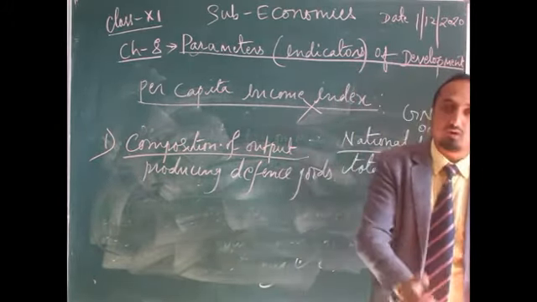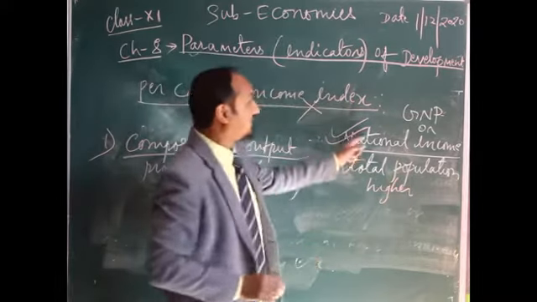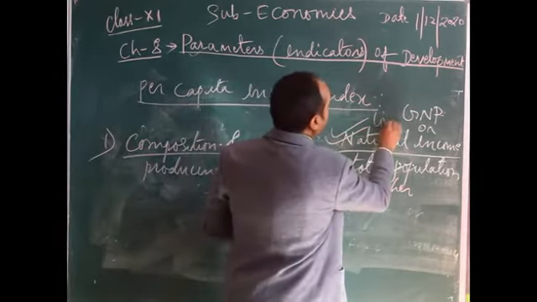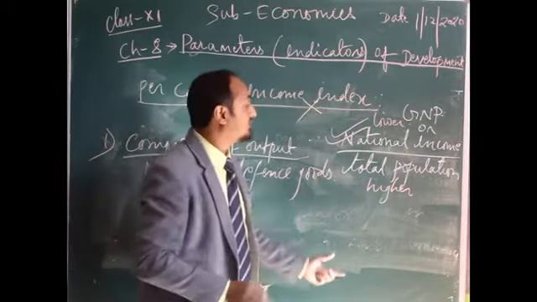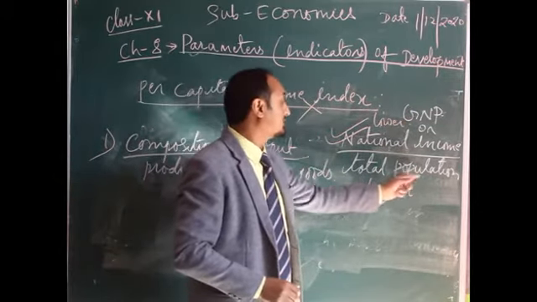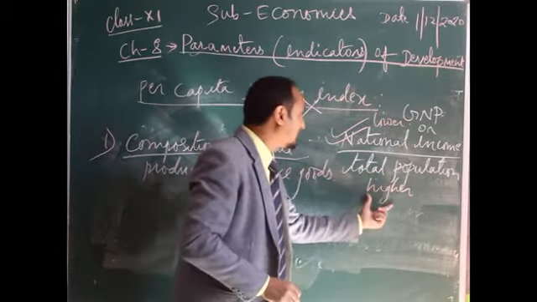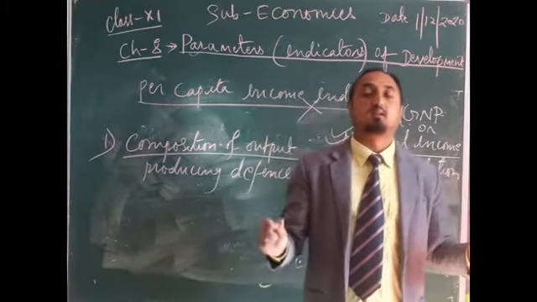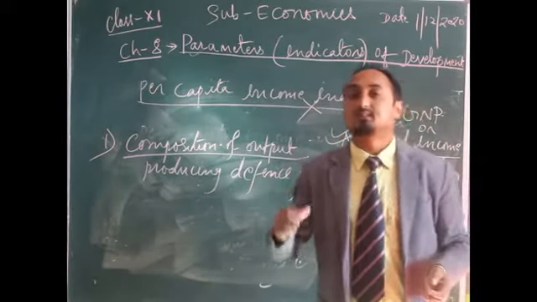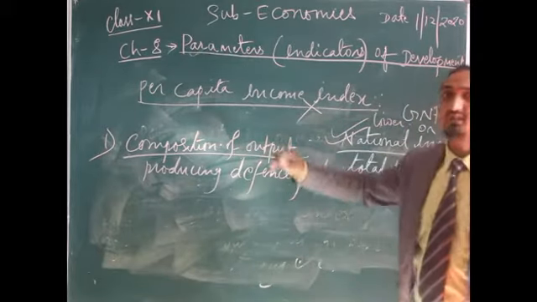Now the third limitation: if national income is increasing, no doubt. But if the rate of growth of population is higher, and the rate of growth of national income is lower, what I mean to say is that if the rate of growth of population is higher than the rate of growth of national income, then in that case the per capita income will not increase, and we cannot consider this a true indicator of economic development.